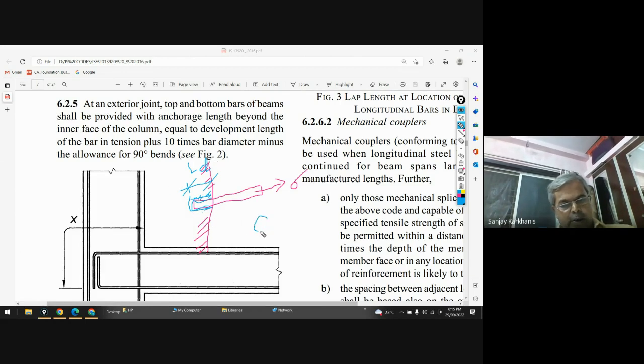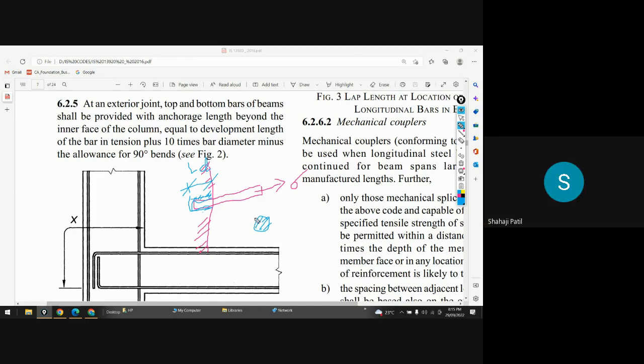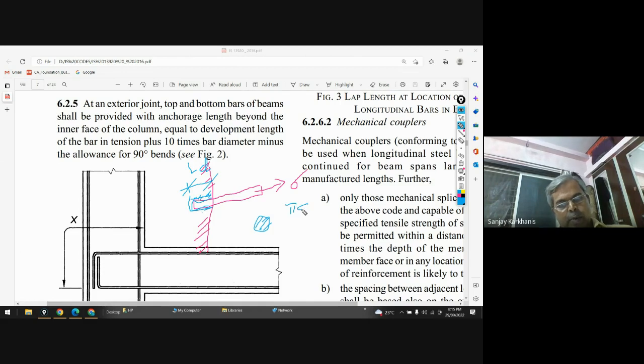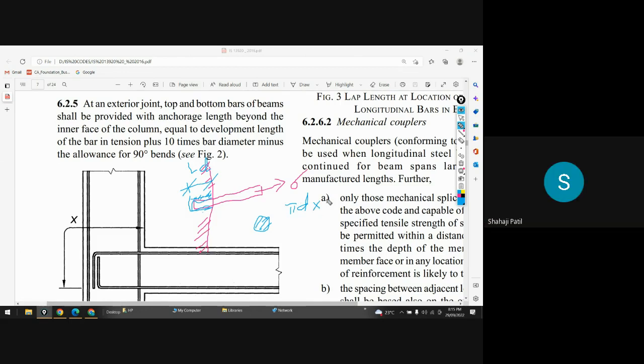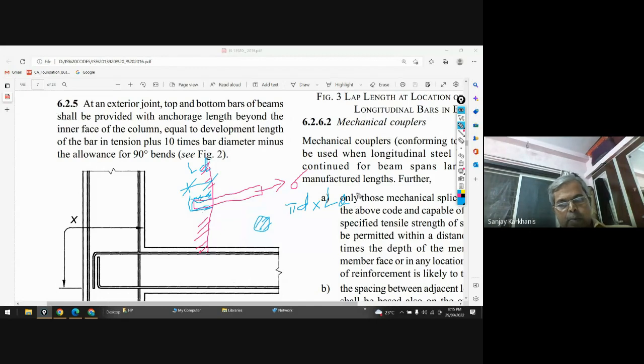Let's say in cross section, this is my bar, and the periphery will be pi d. Pi d multiplied by length Ld, multiplied by the bond shear stress, tau, for concrete.